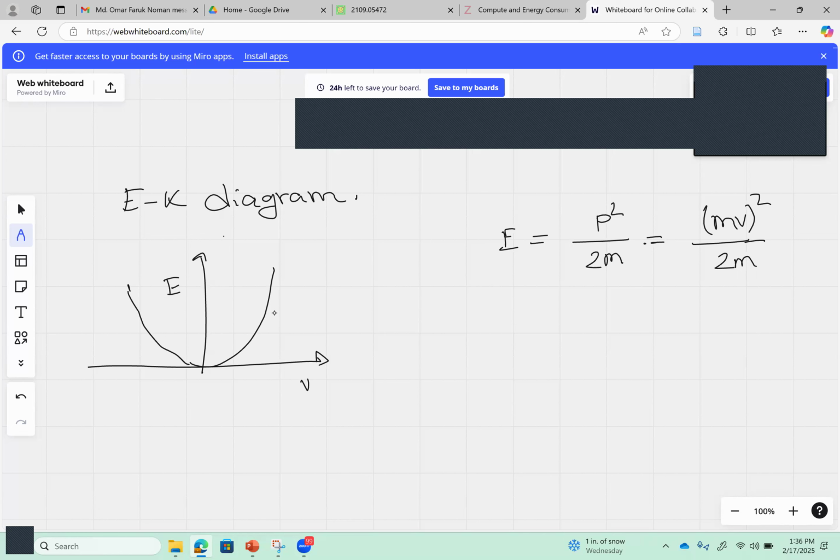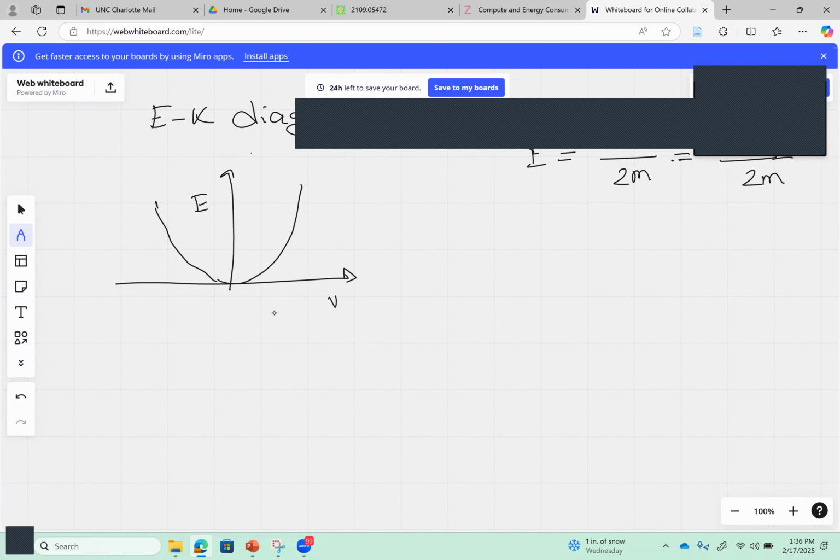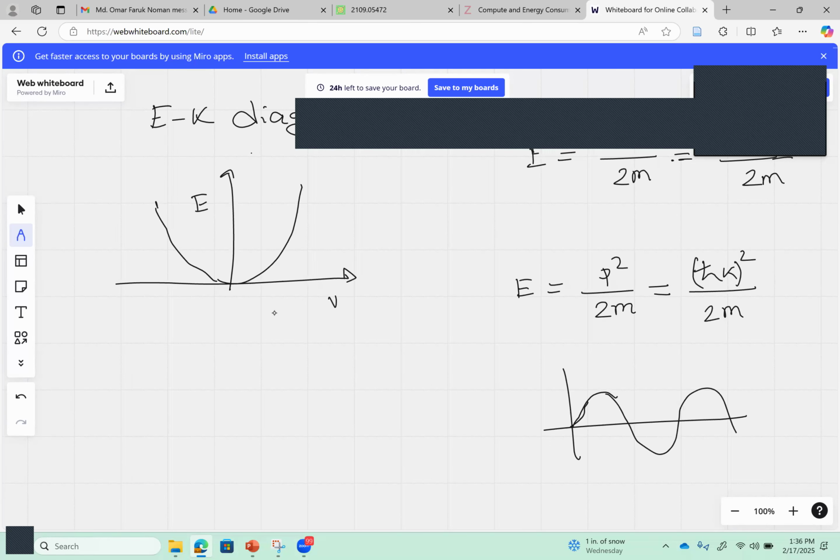And then we know that in case of a quantum particle, energy is also related to momentum with the same equation. The only difference is that now momentum has a relation with the wave vector k, so we write P is equal to hk. k is the wave vector, like how the wave function of electron varies over space.